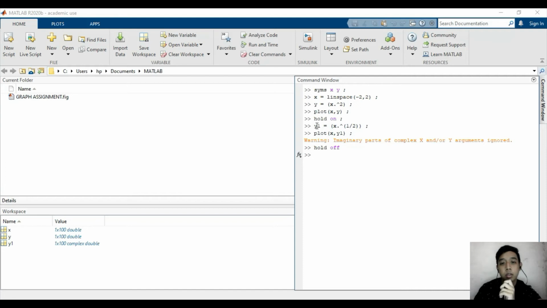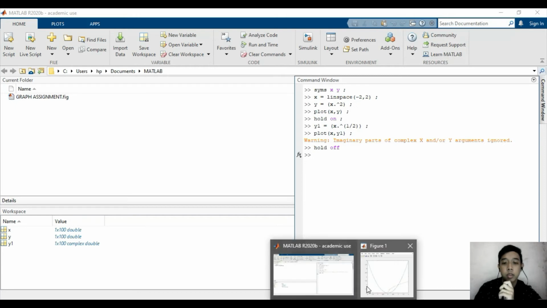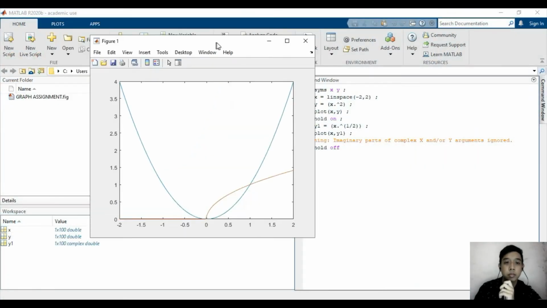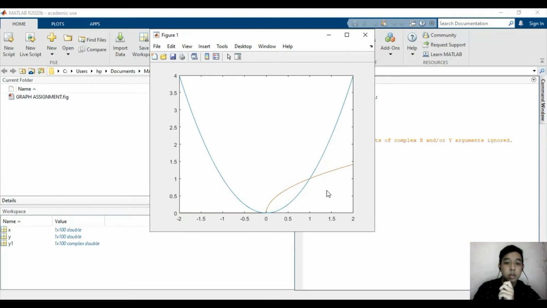After that I type hold on so that I can put another graph, and I use the y1 equation. After that we plot the graph of x and y1. After we finish we hold off, and the graph will become like this, and then we know the limits and the graph.